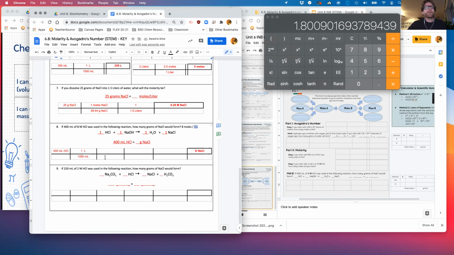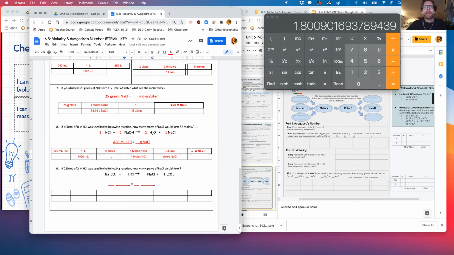So if I put 1 liter on the bottom and 8 moles on top, we'll be left with moles of HCl. Now I can say moles of HCl to moles of NaCl. And right here I can say moles of NaCl going to grams of NaCl.